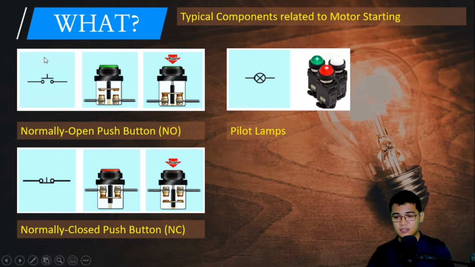So for each of these colors, there's actually meaning. Merong meaning na kaakibat yung bawat kulay ng ating pilot lamps. So green, it can mean that our motor is running. Red, our motor is on stop condition. And white is if there is a line voltage.